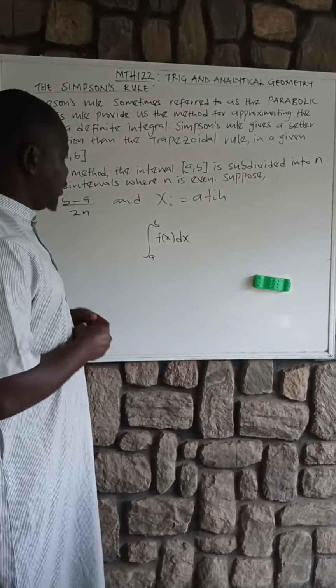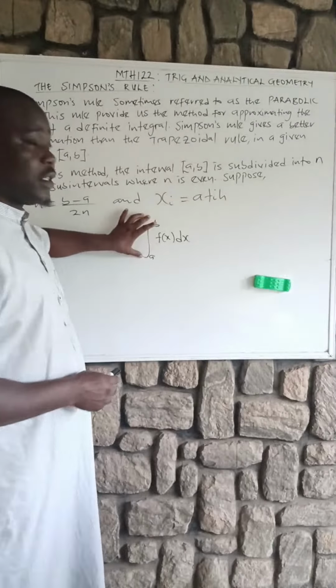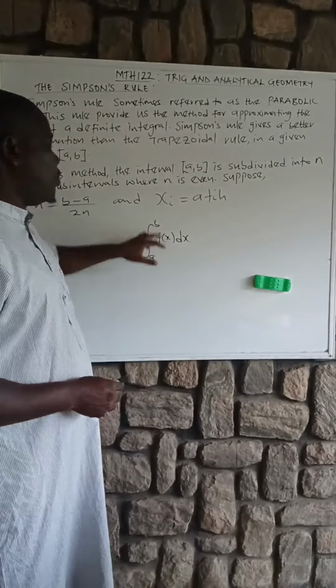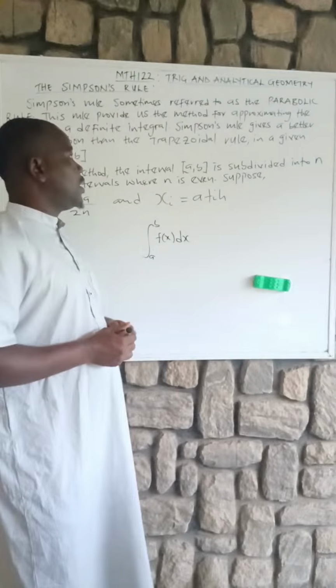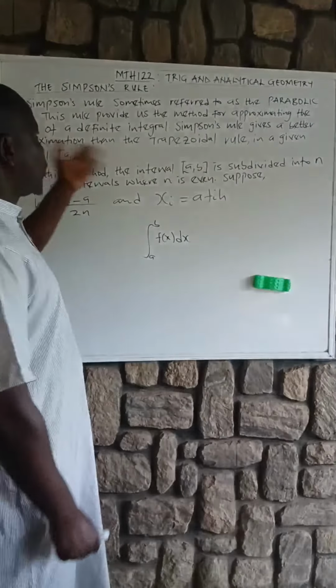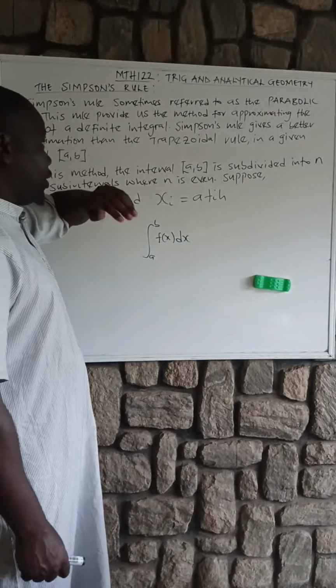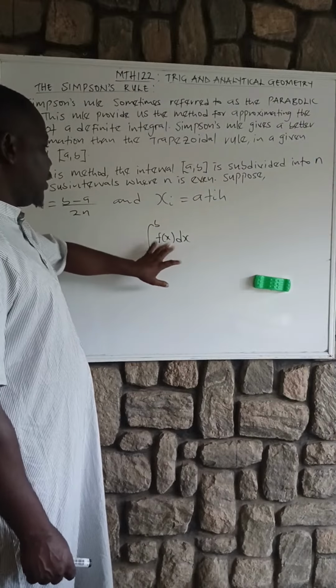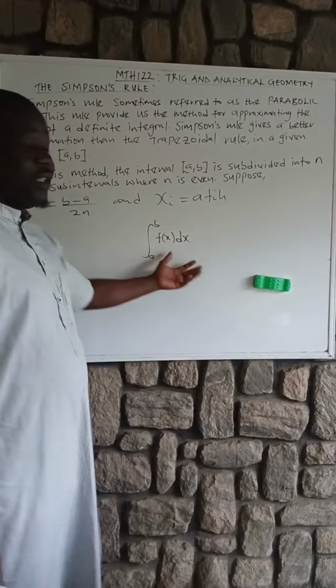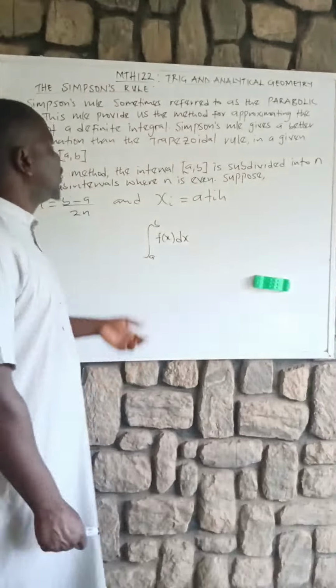It means it has a lower and upper limit. That is what Simpson's rule is trying to tell us, that it helps in approximating definite integrals of this form.